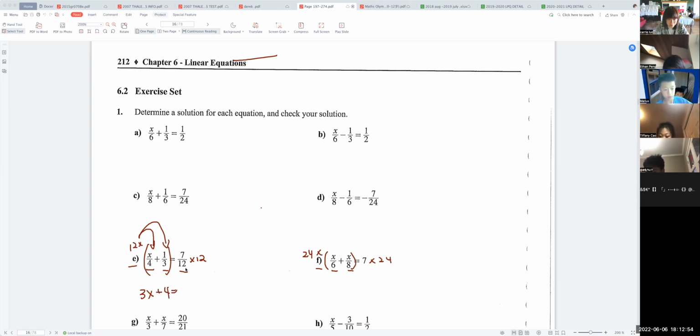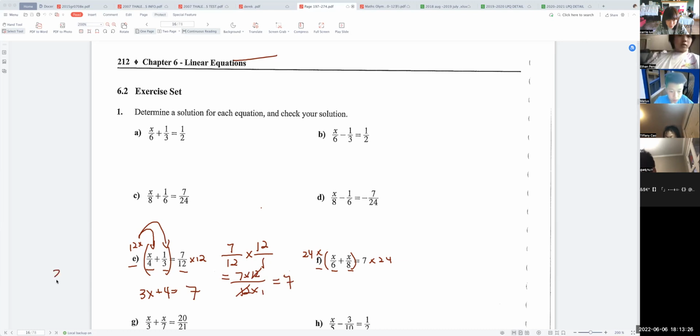So plus 4 equals 7/12 times 12 equals what? 7/12 times 12/1. So it's 7 times 12 over 12 times 1. So 12 is gone. So equals what? 7. Yes. So 3x plus 4 equals 7. So 3x equals what? 3. So x equals 1. So congratulations, Tiffany, Daniel, and Ethan. You get it all right.